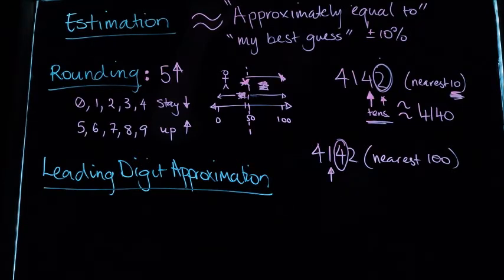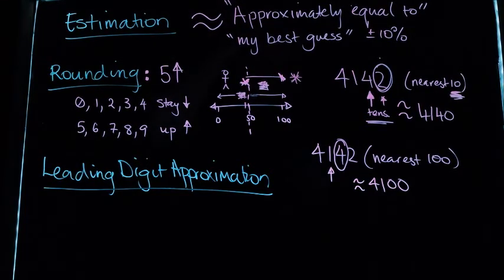And so this number is going to round to 4,100. That's a 4, so we're just going to round it to the nearest 100. If you want to think about it as steps and how far you are away from the nearest 100, that's probably a good analogy to use.